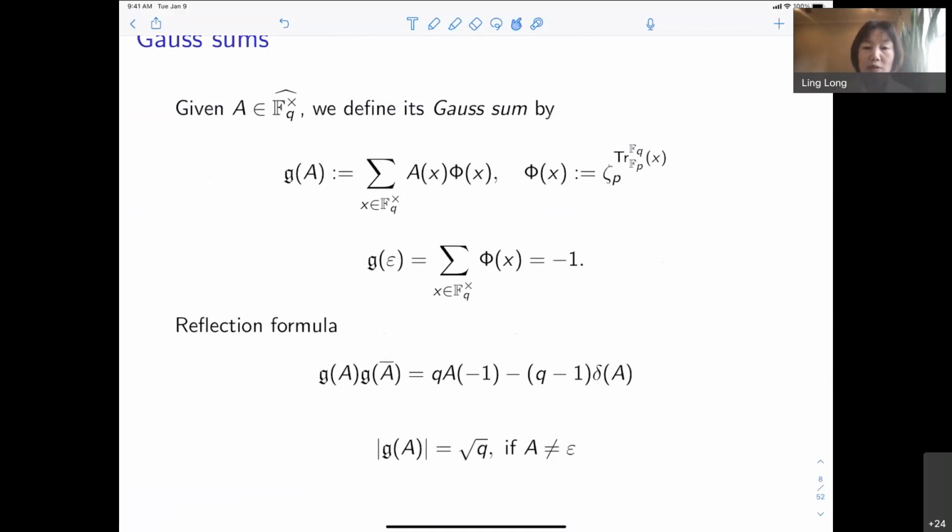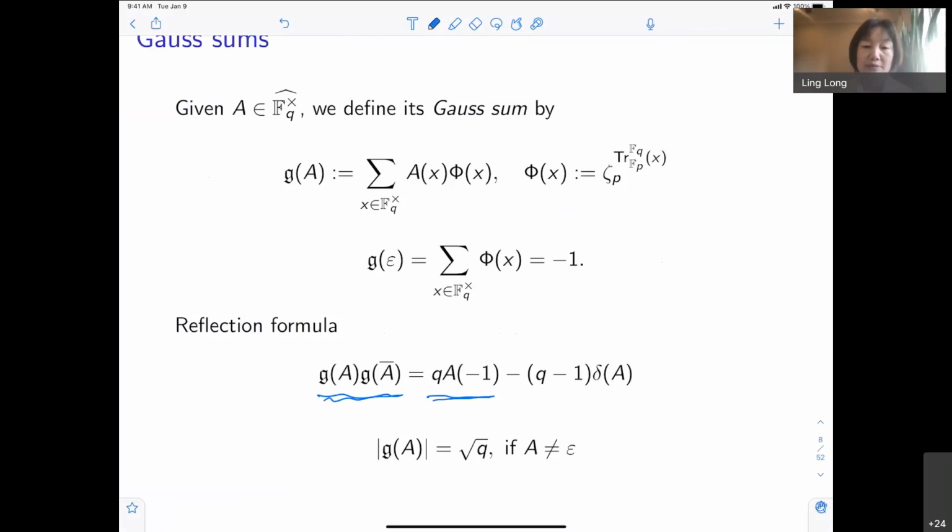And then what you get is the so-called Gauss sum, which is a very fundamental character sum that you will deal with in number theory. We start with the properties of the Gauss sum. When we take the Gauss sum times the Gauss sum of its inverse, you basically get plus or minus 1 times the size of the finite field.